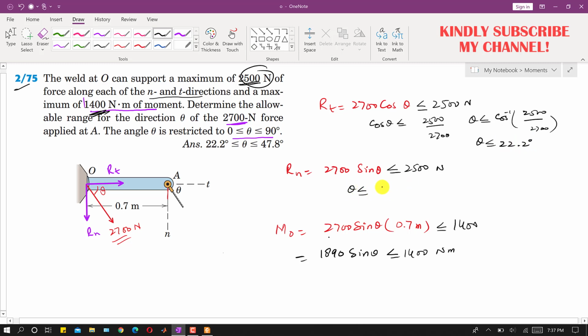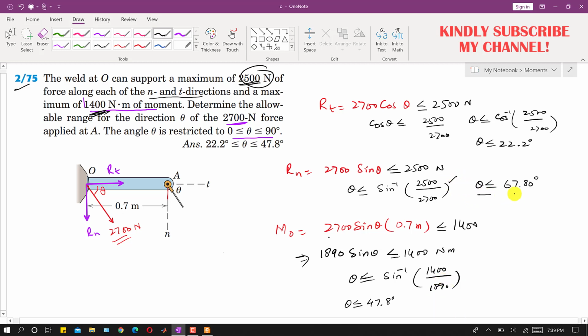Similarly we can find theta from this equation as well. Theta will be less than sine inverse 2500 divided by 2700. And from the moment condition, theta will be less than or equal to sine inverse 1400 divided by 1890.